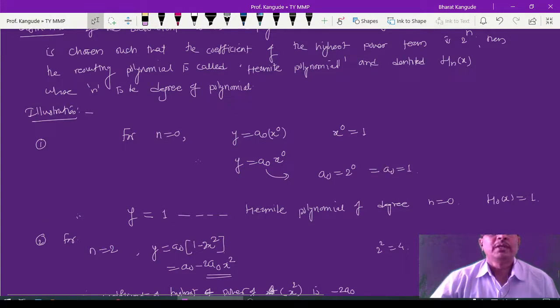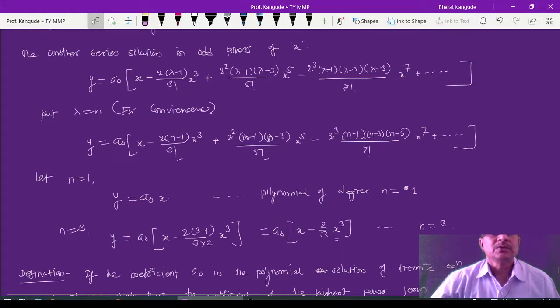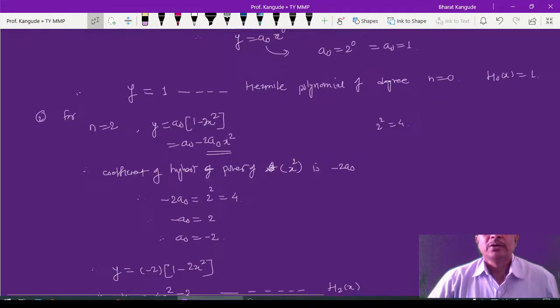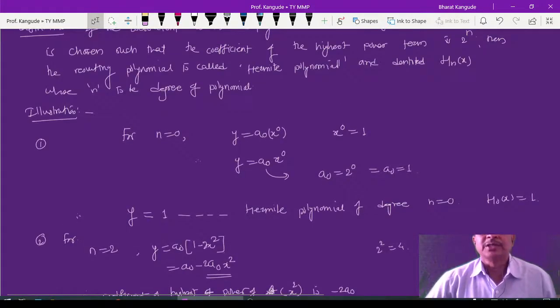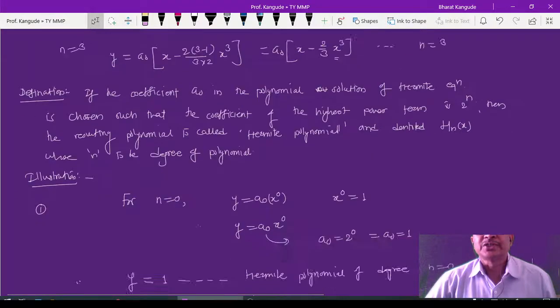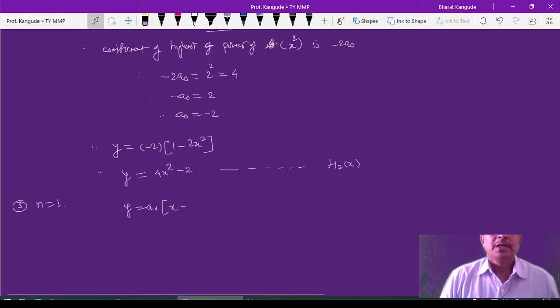For n equal to 1, this is the odd power series, so we have y is equal to a0 into the bracket x minus 2 by 3 x cube. So solving this, I'll get a0 into x minus a0 into 2 by 3 times x cube.